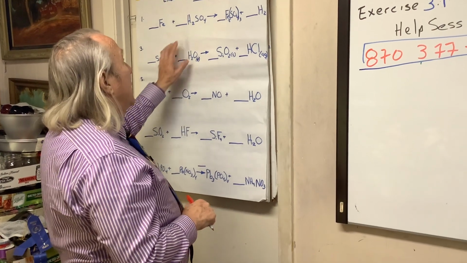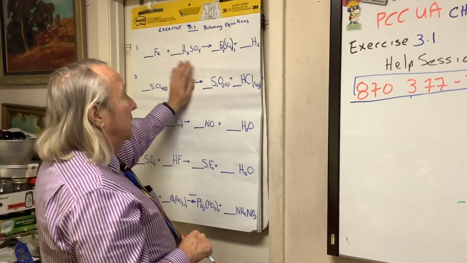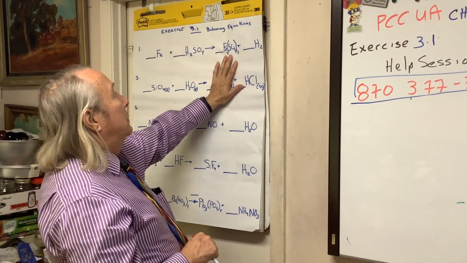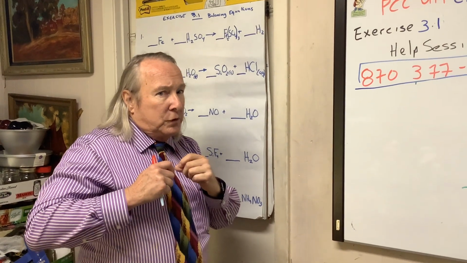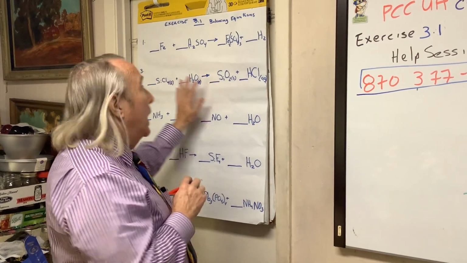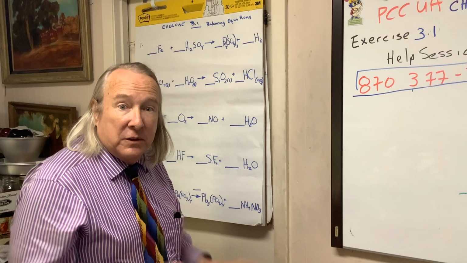Now, if I were giving you, for example, the name iron 3 sulfate, then you might have to deduce some structures and the like. But this is very straightforward. I just need the number of iron atoms on each side to be the same.